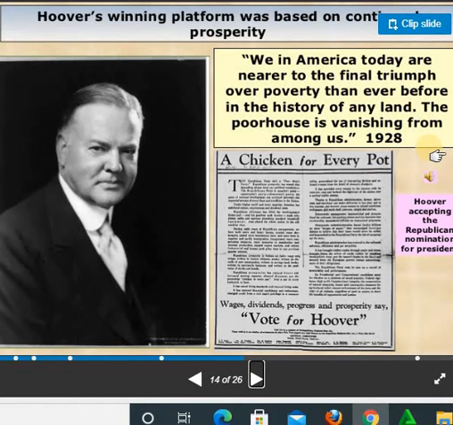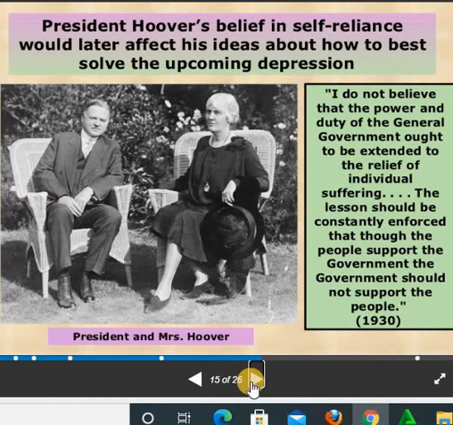This is in 1928. However, scholars argue that he did not do anything to make sure that the poorhouse vanished from America, but instead, 2 years later, he was caught to have said something which showed that he didn't do much to improve the situation in America.